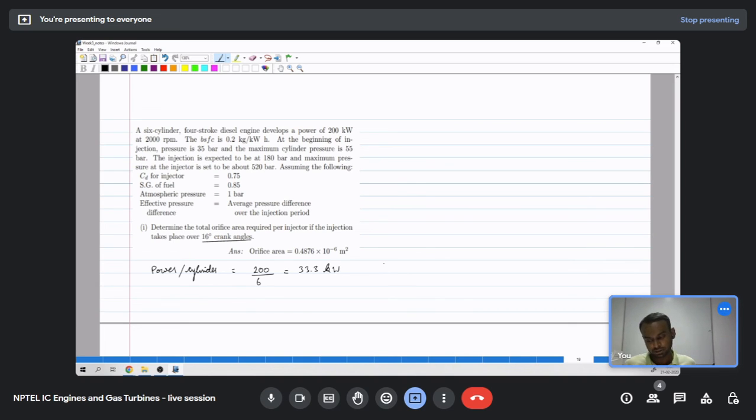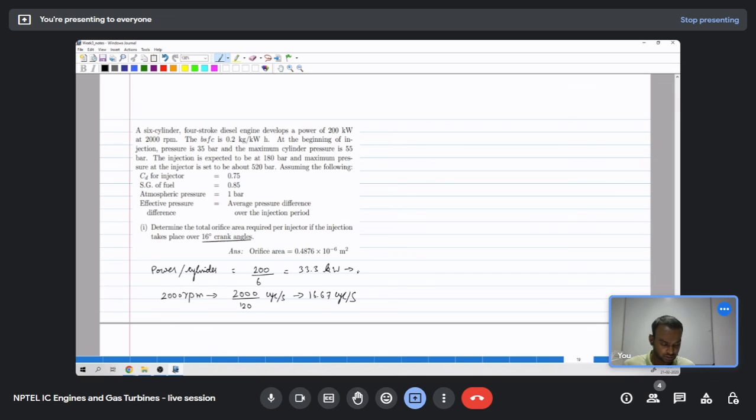So this is happening at 2000 rpm, which means it is 2000 by 120 cycles per second. So that is 16.67 cycles per second.